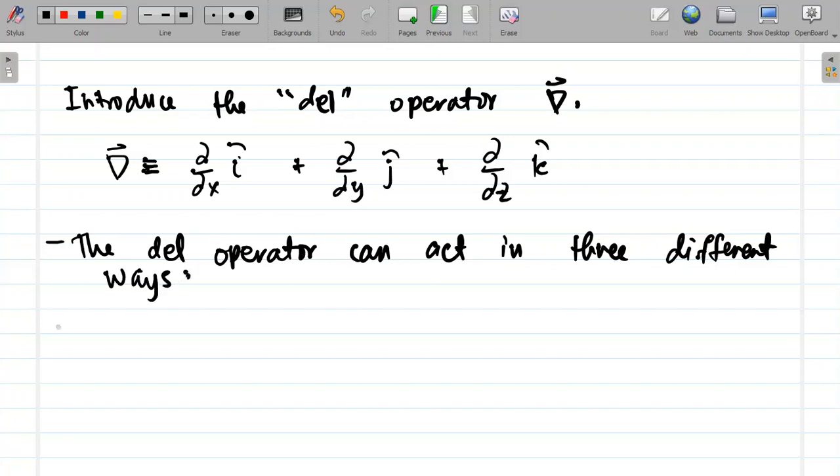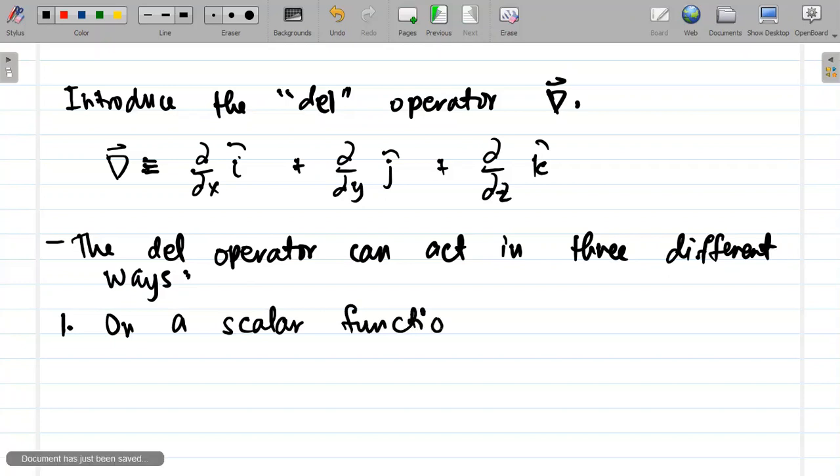So, number 1, paano ba to? Number 1, it can act on a scalar function as a gradient. So, number 1, kapag ang del operator mo nag-act sa isang scalar function, siya ay tinatawag na gradient.